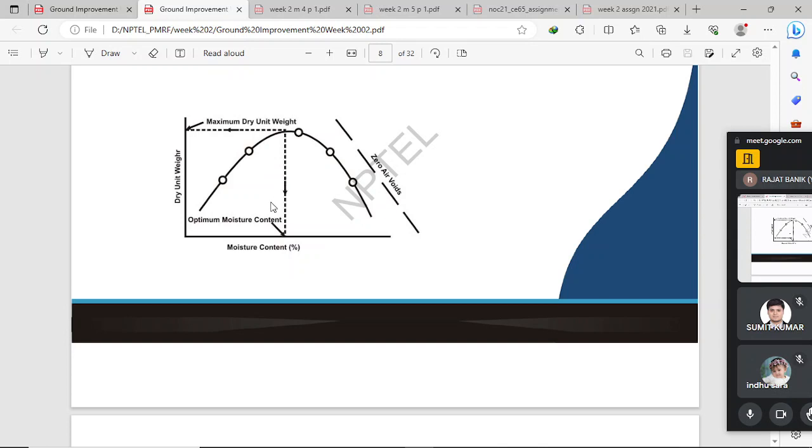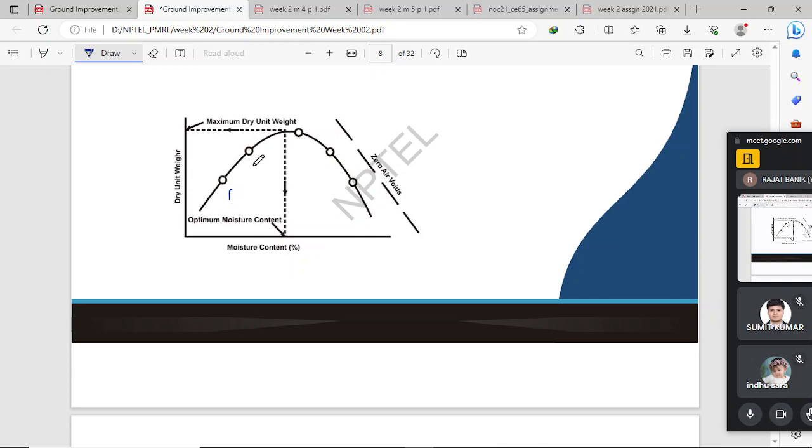How is it created? In the initial stage we find the initial moisture content and the dry density, and we plot dry density on the y-axis and moisture content on the x-axis. That is the first point.